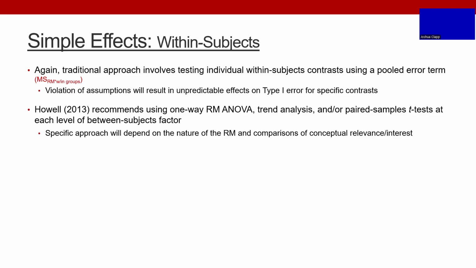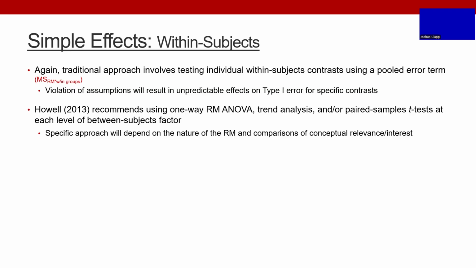The problem is if we go through and do this, violations of assumptions start to do unpredictable things to the Type 1 error you have for your specific contrast. So for all of these, we have evidence for violations of homogeneity of between. Homogeneity of within looks like it's probably okay, so that's getting at some of that within group stuff.